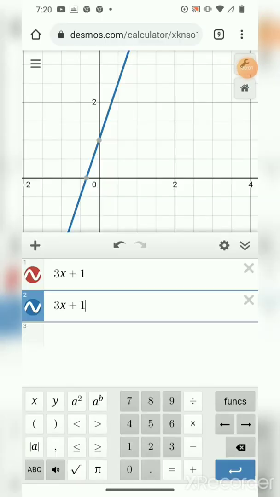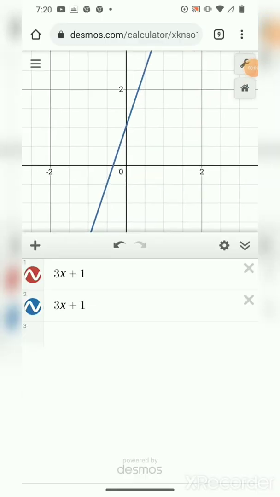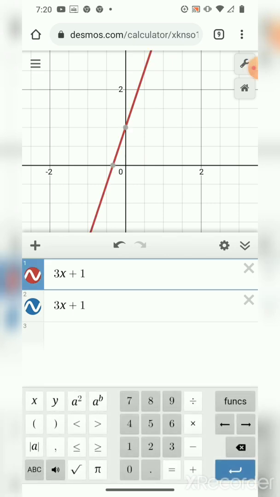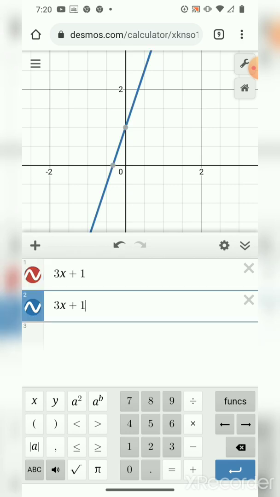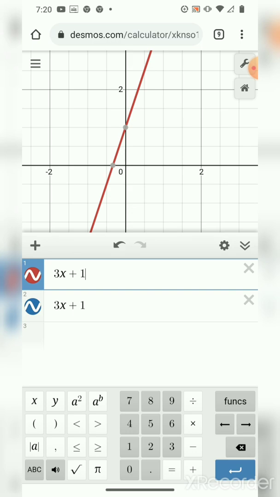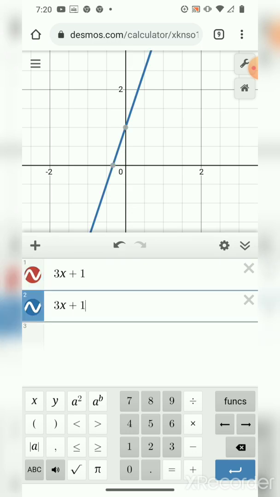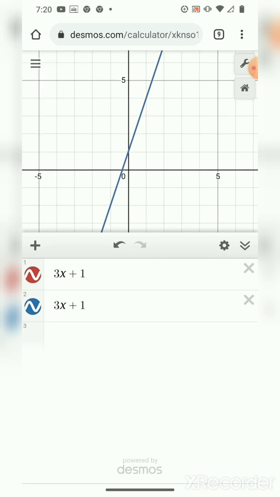So here is a way we can look at the two equations in a graph. The red line is 3x plus 1, and the blue line is also 3x plus 1. With an infinite number of solutions, both equations are technically the same slope, indicating that every time we put in something for x, we'll get what y is.